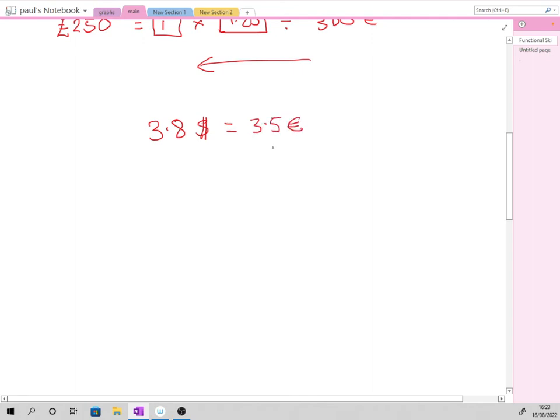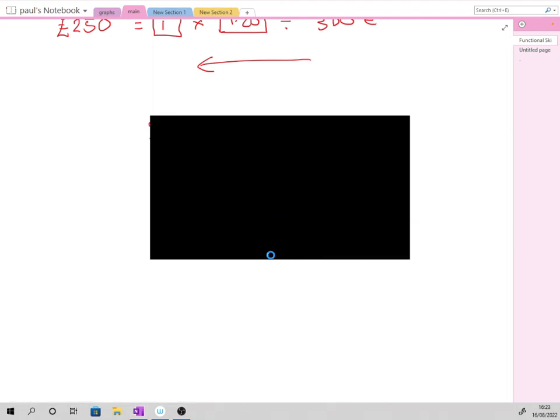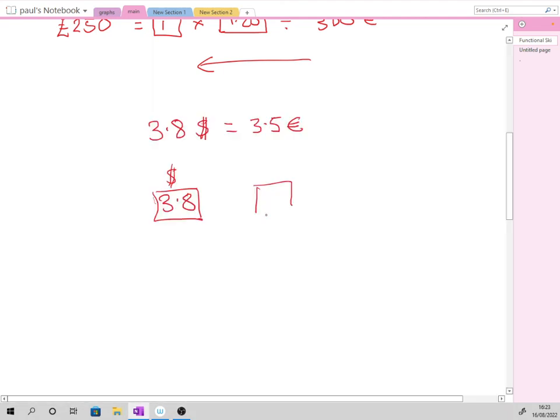You're never going to get anything as complicated as this, yeah? So bring the numbers down. 3.8, this is the dollar side, and 3.5, which is the euro side.